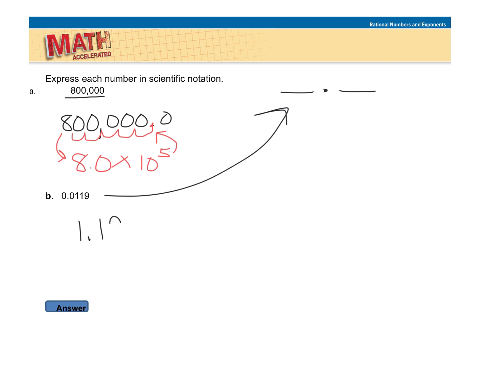Now, we want to find our exponent. We want this number to turn into this number. What direction do we need to move that decimal? Right. 1, 2. Positive or negative? Negative, because our number to start was smaller. Questions over these?